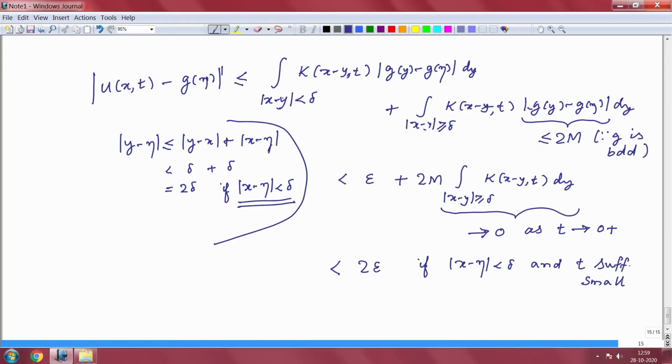Finally, we have shown that |u(x,t) - g(eta)| is less than 2 epsilon if |x - eta| is less than delta and t is sufficiently small, and this completes the proof.